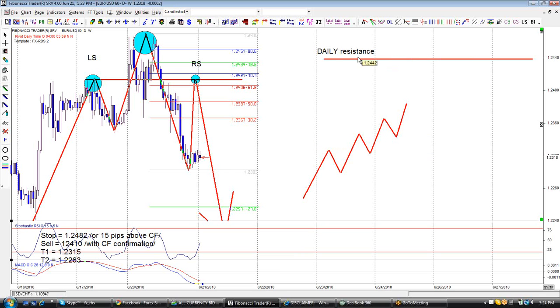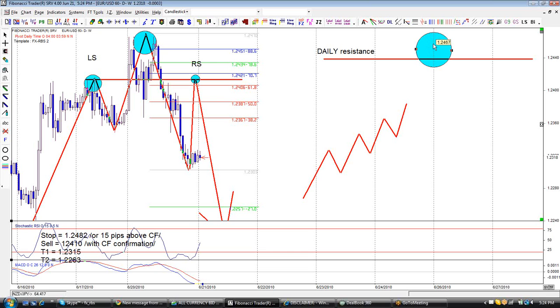It could be a resistance level, it could be a trend line, it could be a big pattern, maybe let's say a sell Gartley on the daily chart that has convergence, let's say 618 with 127 or 786 with 127. And we believe that somewhere close to this area price will be reversing.